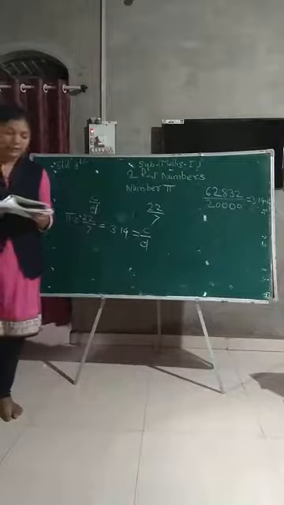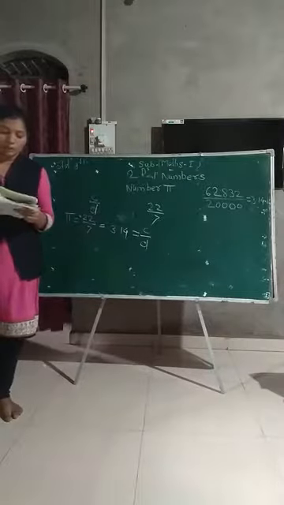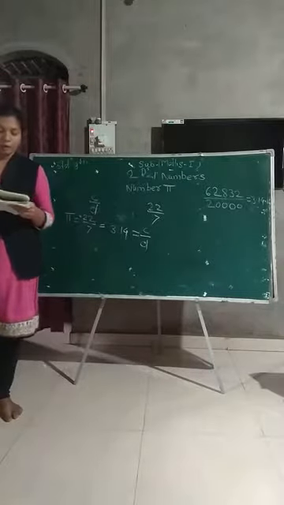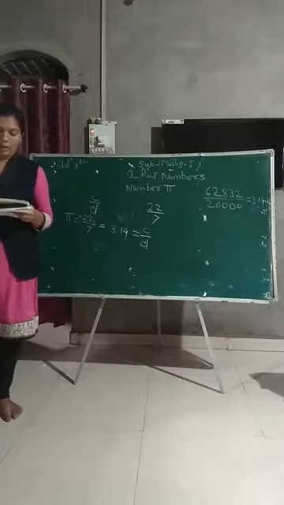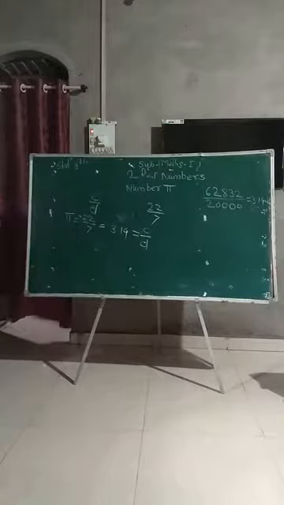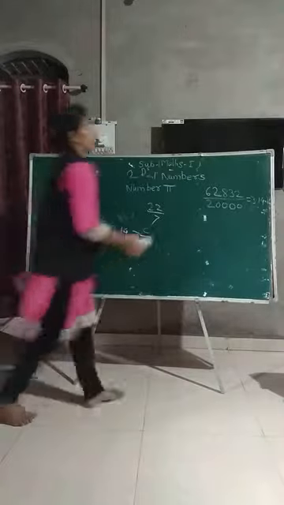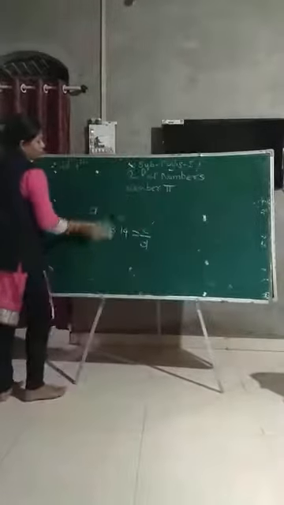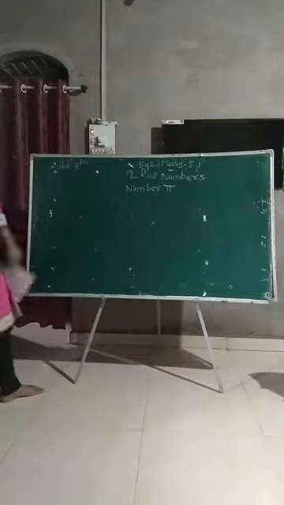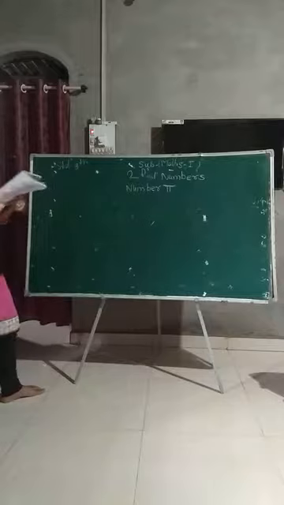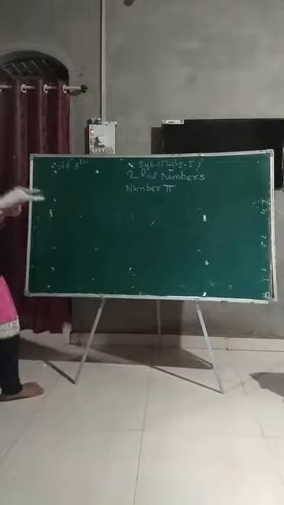Now let us see whether 2 plus root 3 is irrational or not. Let us assume that 2 plus root 3 is not an irrational number. Here we prove whether 2 plus root 3 is irrational or not. An irrational number is always non-terminating and non-recurring.